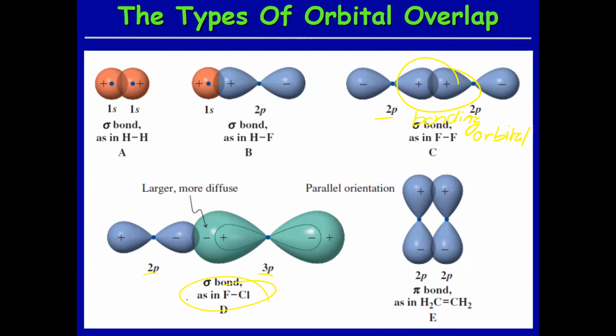Apart from sigma bonds, we can also have pi bonds. And pi bonds will be the overlap of p orbitals. Even at A level, we used to mention pi bonds as the overlap of p orbitals.